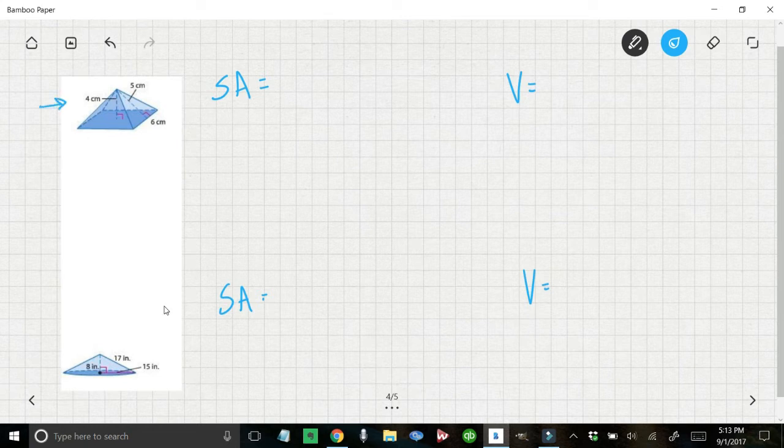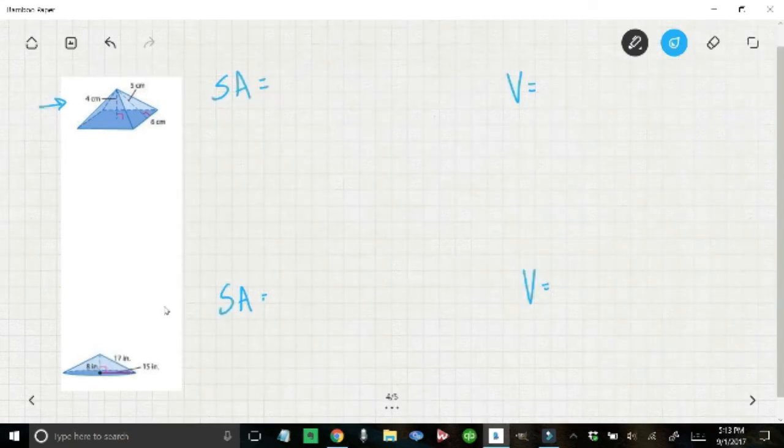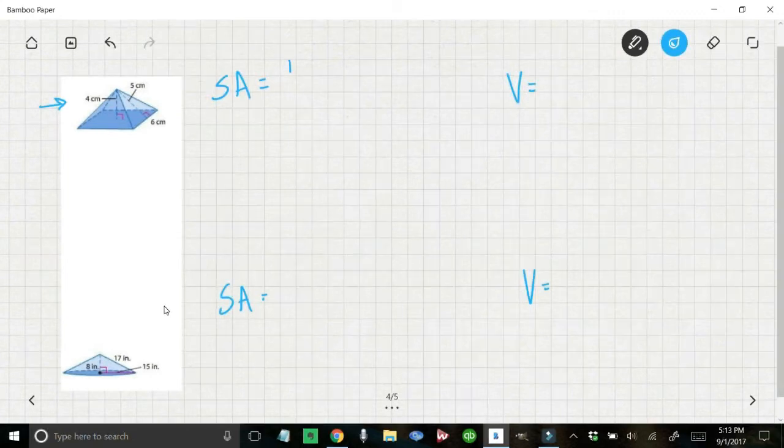What I would do first if I were you is locate on that formula sheet what type of polyhedron this is. This one here is a pyramid. Then I would write out the formulas. The surface area of a pyramid is half the perimeter of the base times the slant height, plus B, which remember stands for the area of the base.